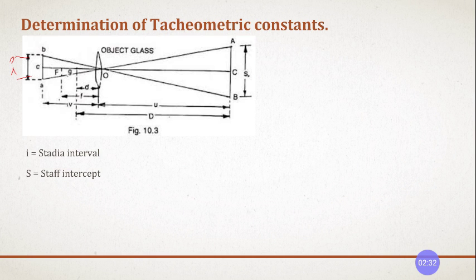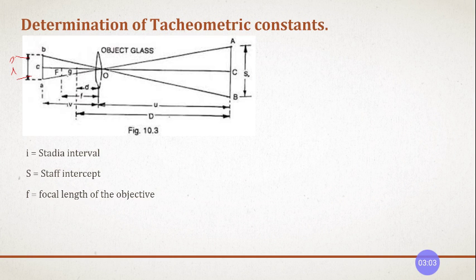The stadia interval is different and the staff intercept is different. For the staff intercept, we place the staff and take the readings of the upper and lower crosshairs, that is S1 and S2. You get S by subtracting them, the difference of those two gives the staff intercept, right?